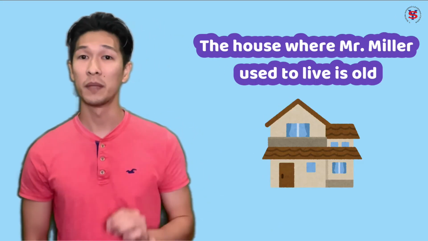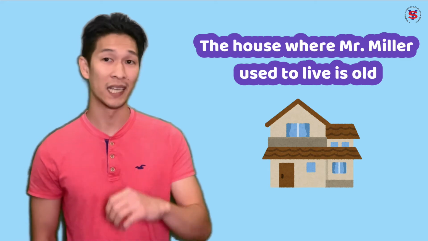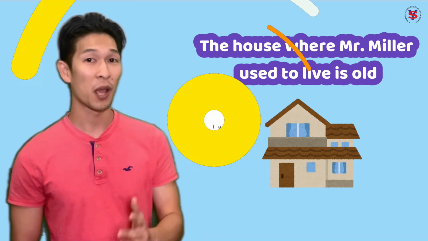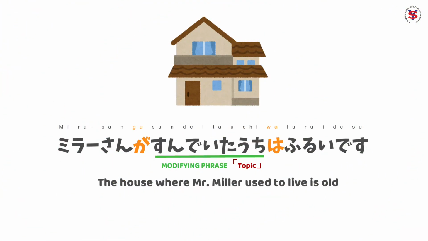Alright, tignan naman natin ito. The house where Mr. Miller used to live is old. In Japanese, that's ミラーさんが住んでいた家は古いです。Ang modifying phrase naman dito ay ginamit bilang topic ng sentence dahil sinusundan ito ng topic marker wa.